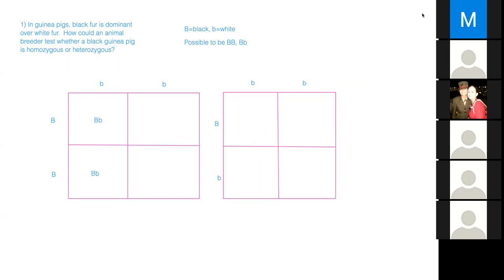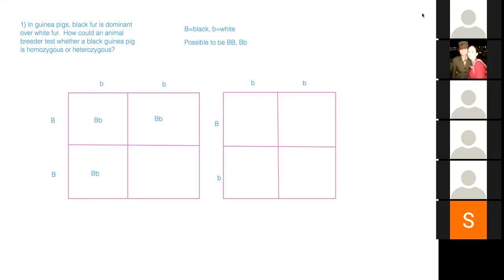And now let's go to the top right. What is going to be the possibility here? Still the same. In fact, they're all going to be the same. That's the only options we have when we're crossing. And what color will all these offspring be? You say black, right? They would be black because black is dominant.